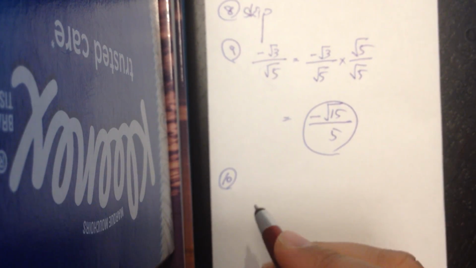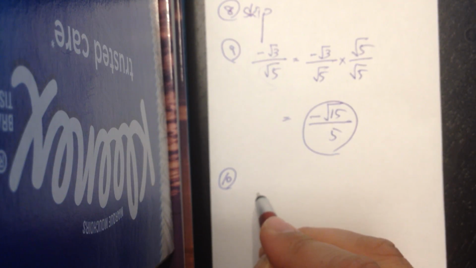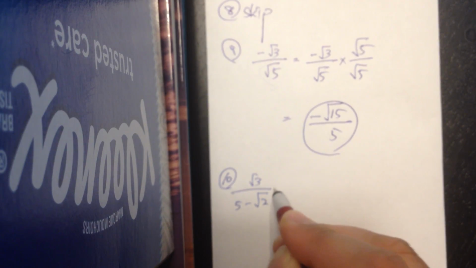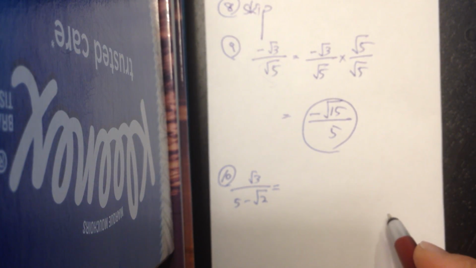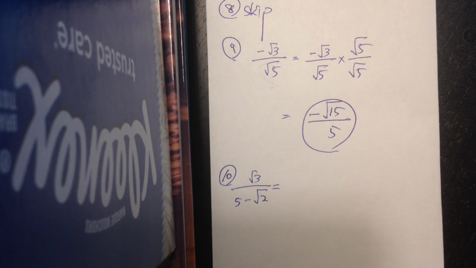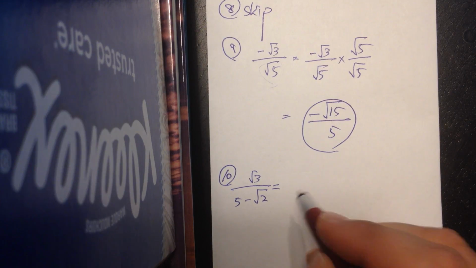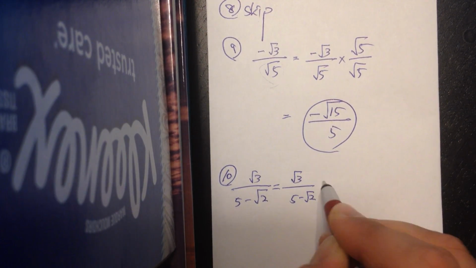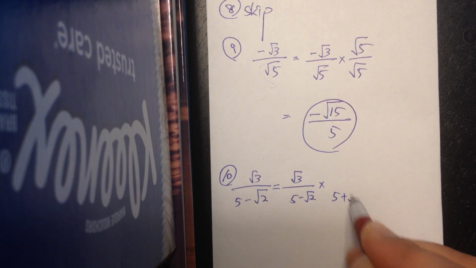Okay. So the 10 here is radical 3 over 5 negative radical 2. Well, here really means this, right? So again, you're going to use this guy.